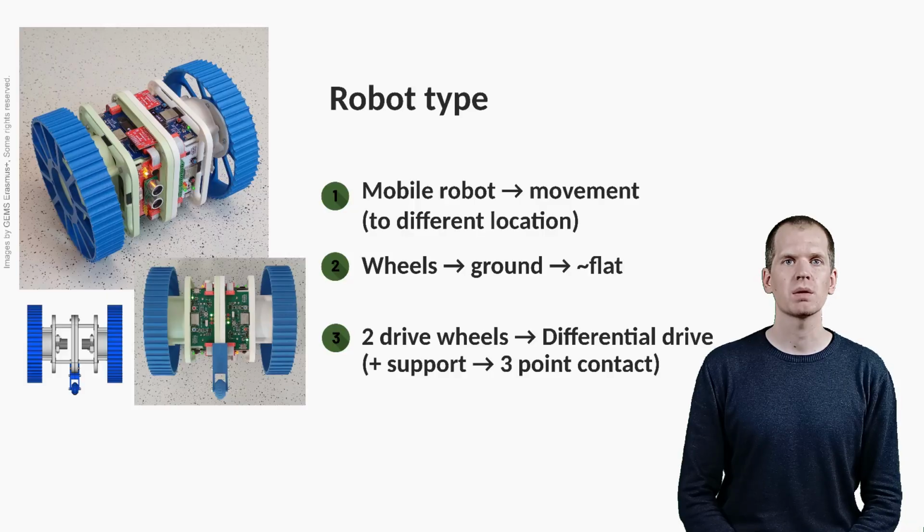We will focus on the simplest and most accessible type of a mobile robot. That is, a wheeled mobile robot with differential drive that has two drive wheels and usually a support. This type of ground robots are usually limited to relatively flat surfaces and slower speeds. However, they are very agile and can turn on a spot.